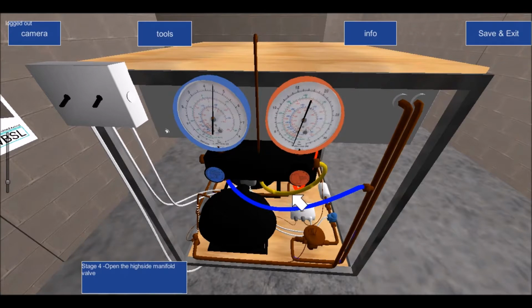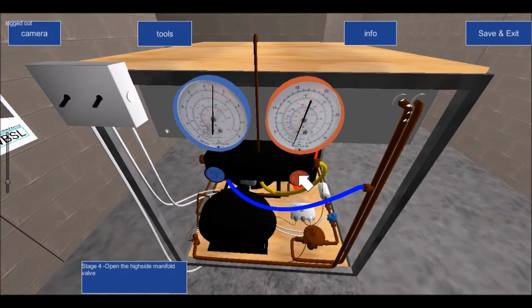We do not want that yellow line to be exposed, because as soon as I open this valve and allow refrigerant to go from my blue gauge into my manifold body, I'm then allowing refrigerant to enter this yellow hose, which would be allowing it to go off to the atmosphere if this yellow hose wasn't sealed off as it is here.